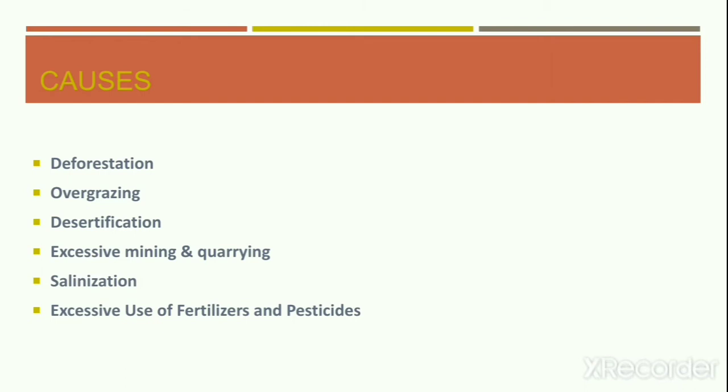Desertification is a widespread process of land degradation in semi-arid and dry subhumid areas, resulting from various factors, including climatic variations and human activities.